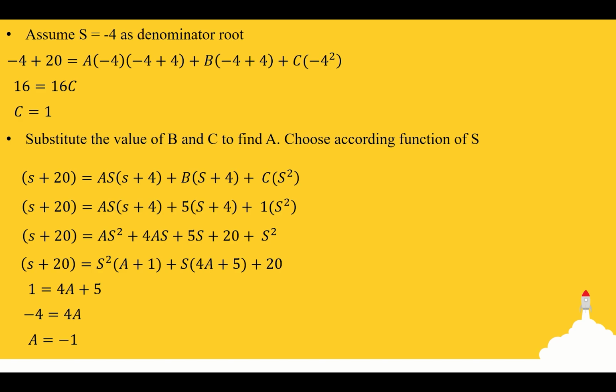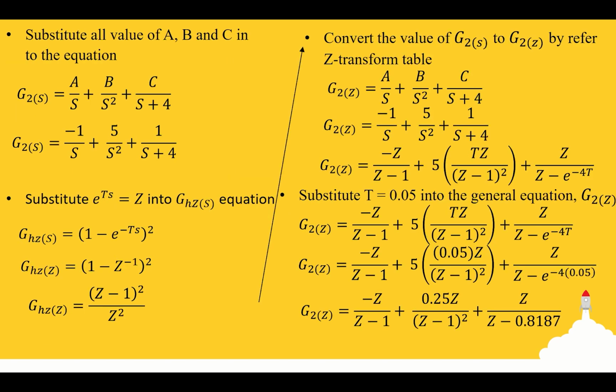Therefore, since S equals 1, negative 4 equals 4A, and so A will be negative 1. And we substitute A, B, C into the general equation, G2, and we will get negative 1 over S plus 5 over S squared plus 1 over S plus 4.